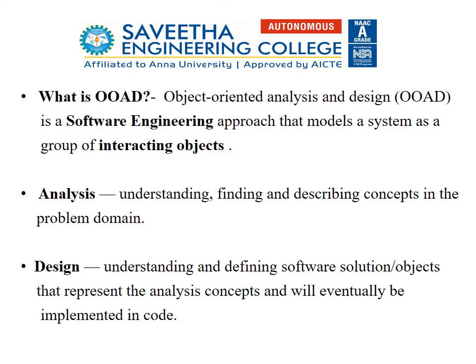What is analysis? We all know it well. Analysis is nothing but understanding, finding and describing concepts in the problem domain. In the design phase, we are going to implement code for the analysis we have done in the earlier phase. This is what the definition of OOAD is about.